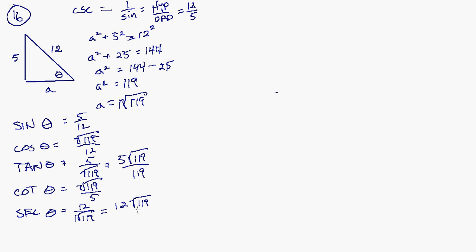And finally we have the cosecant of theta, which is going to be the reciprocal of sine, so that's 12 over 5. Okay? So that takes care of number 16.